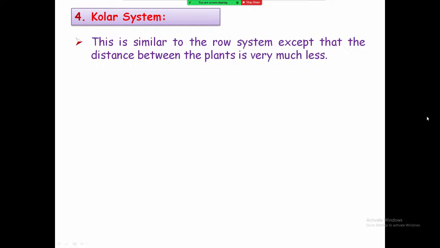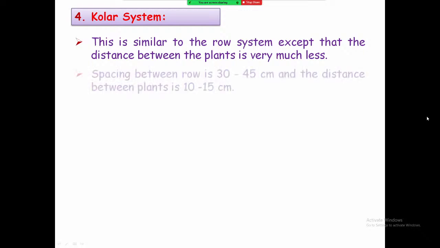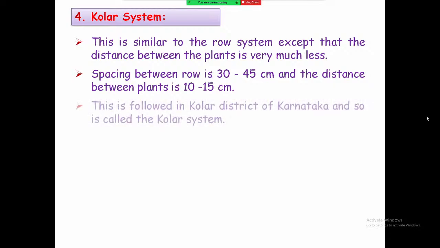The spacing between rows is 30 to 45 centimeters, and the spacing between plants is 10 to 15 centimeters. Here very much less distance is maintained plant to plant.